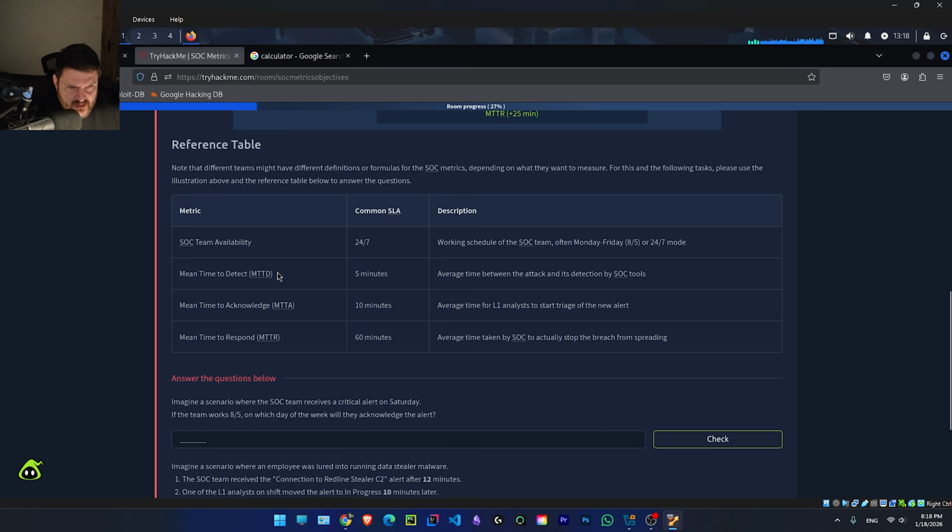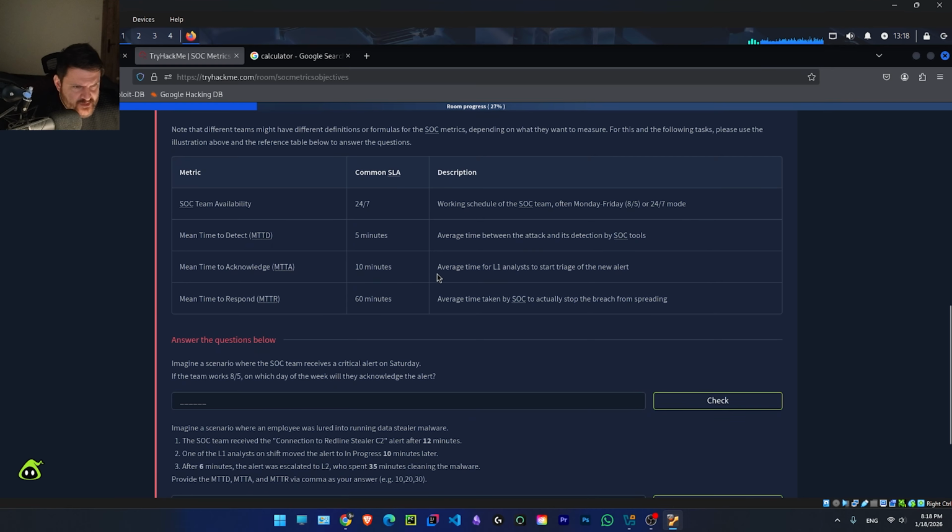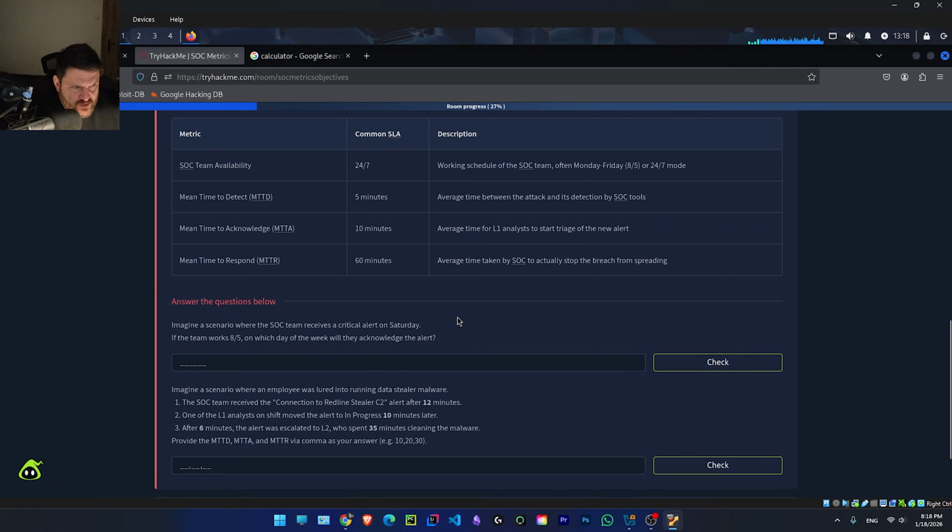Mean time to detection, MTTD, 5 minutes, the average time between the attack and the detection by SOC tools. Mean time to acknowledge, MTTA, 10 minutes, the average time for the L1 analyst to start triage of the new alert. And then mean time to respond, MTTR, 60 minutes, the average time taken by the SOC to actually stop the breach from spreading.